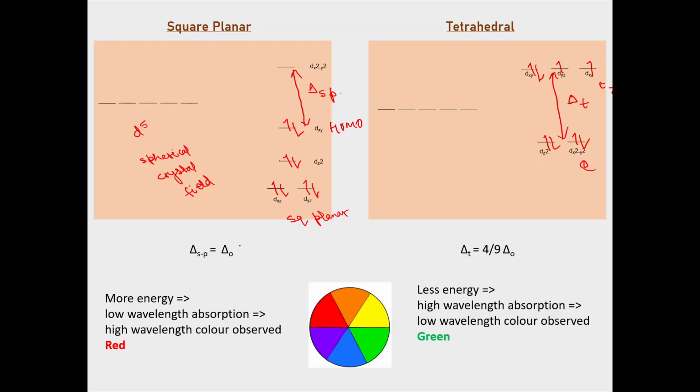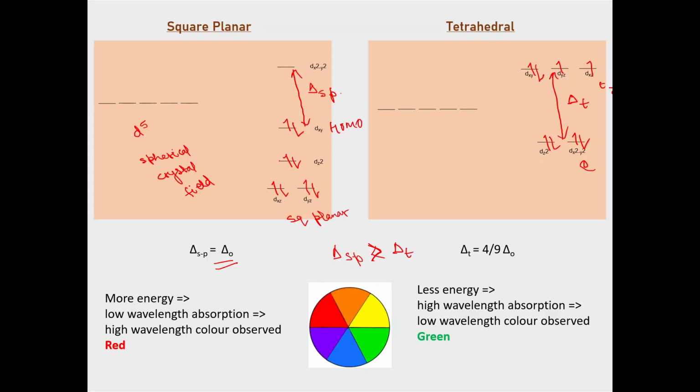Now this delta of square planar is similar to the crystal field splitting observed in octahedral complexes, whereas delta T, the crystal field splitting for tetrahedral, is lesser than delta O. It is 4 by 9 times the octahedral crystal splitting. That means delta SP is greater than delta T, right?